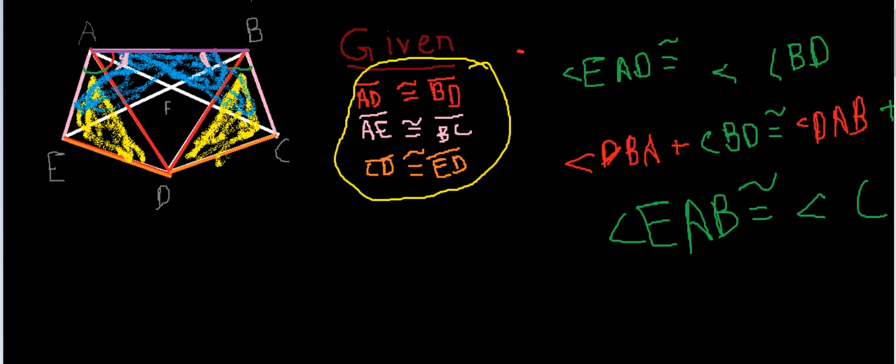And once we have that, triangle ABC, the one we did in blue, is congruent to triangle ABE because of side, angle, side.